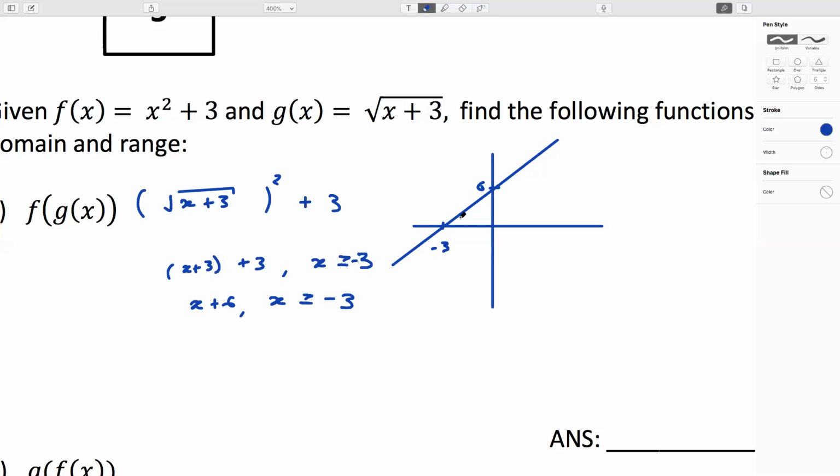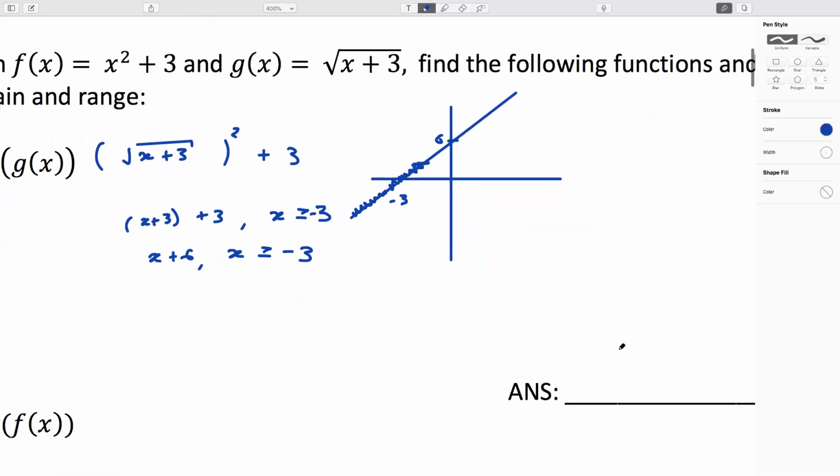So wherever x is below -3, that's going to be gone. If we want to figure out what y value that caps it at, we just have to put -3 into our equation. -3 plus 6 is 3. So that means that anything below 3 doesn't exist.